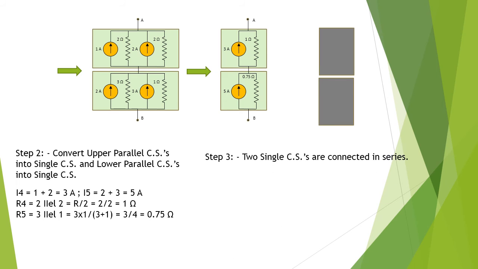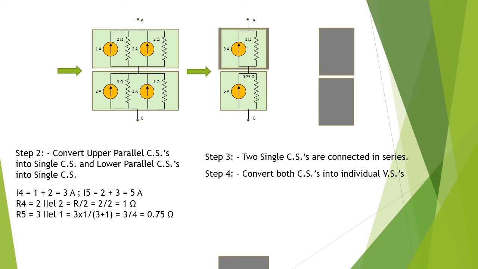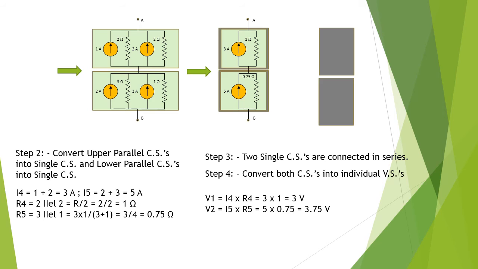Now step 3: the 2 single current sources are connected in series. Step number 4: convert both the current sources into individual voltage sources, using the rule of source transformation. The formula is again Ohm's law.